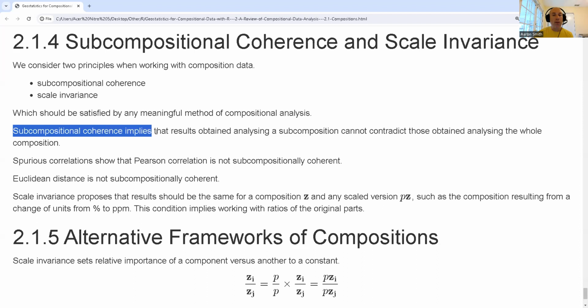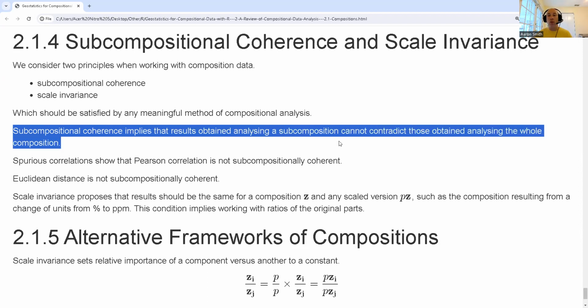Subcompositional coherence implies that the results obtained in the analysis of subcompositions do not contradict the results of using the whole composition. So if I run a subcomposition analysis and my results contradict when I use all of the columns, then I don't trust that result.